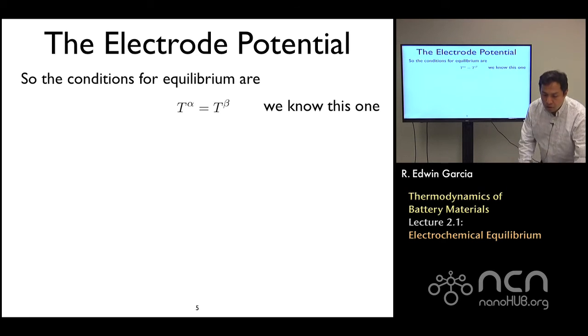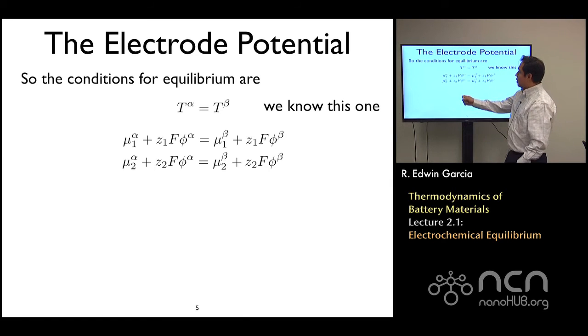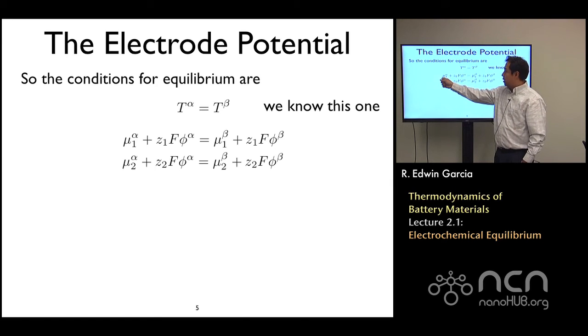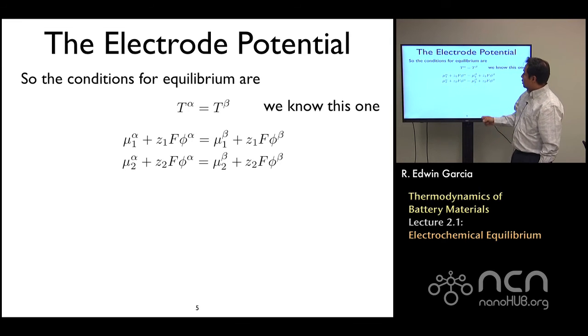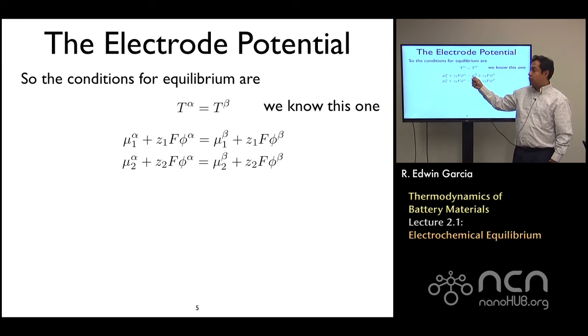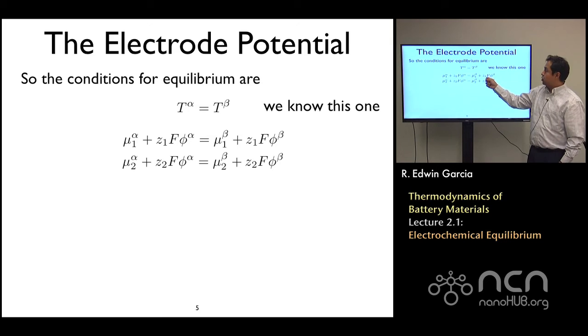Okay. We also know, based on what we derived on the previous slide, that the chemical potential of component 1 of the alpha phase, modulated by the voltage with respect to some reference that the alpha phase may have, is going to be equal to the chemical potential of the beta phase plus some shift associated with the voltage with respect to some reference that the beta phase will have.